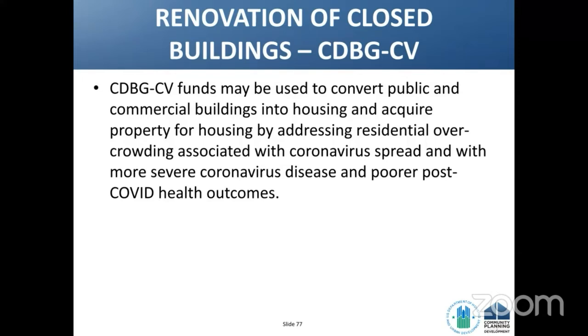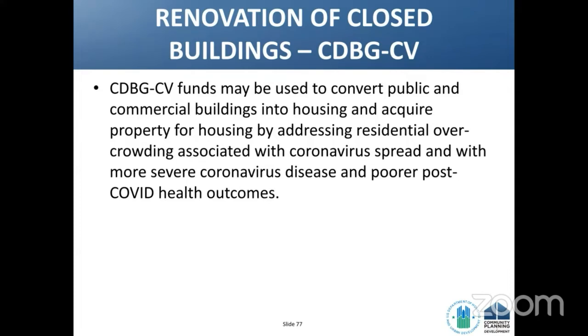This slide probably should have been somewhere else in here, but when we were talking about renovation of closed buildings with regular or annual appropriation CDBG, we talked about renovating closed buildings, like old schools or old office buildings or retail establishments into housing units.